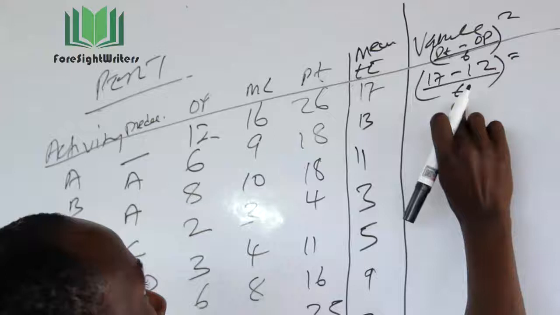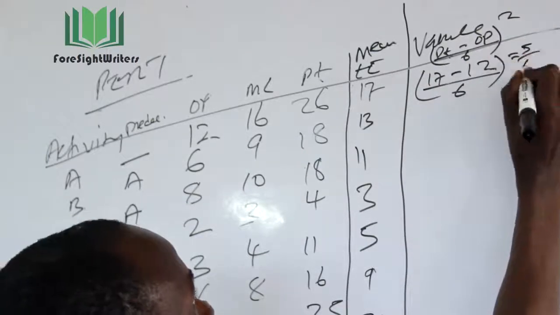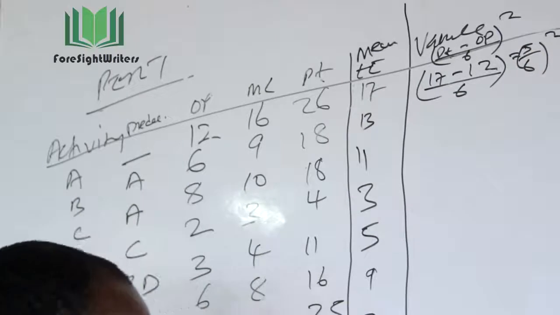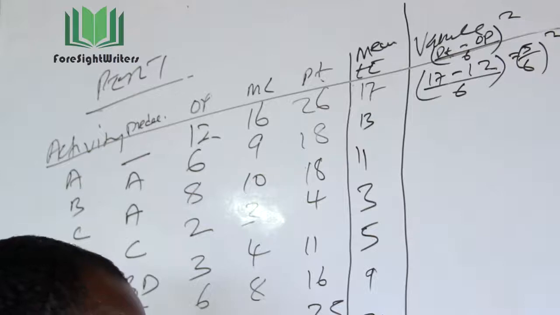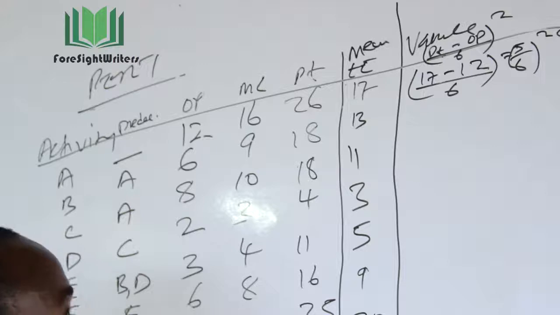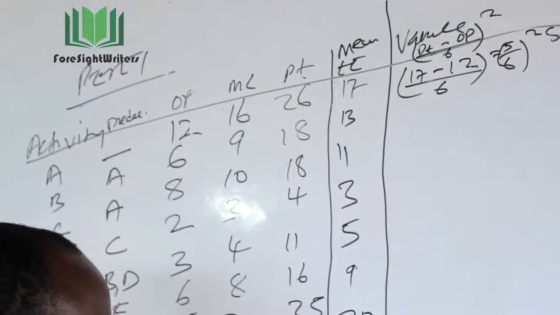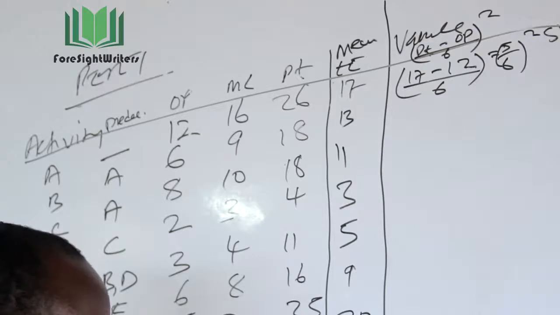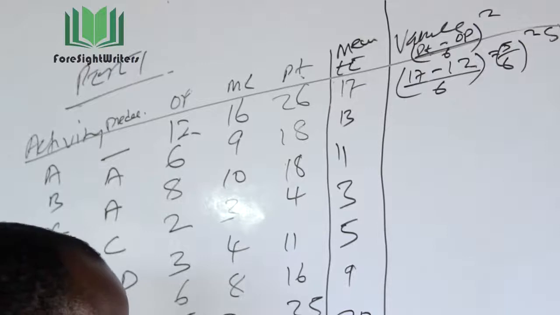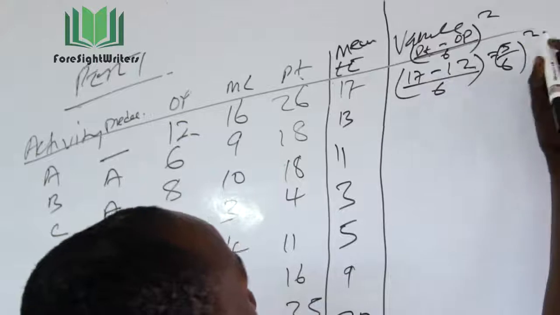So this is 5 divided by 6, squared. 5 divided by 6 is 0.833, times 0.833 again. You get 0.694. So this gives me something like 0.69. Let me leave it like that.